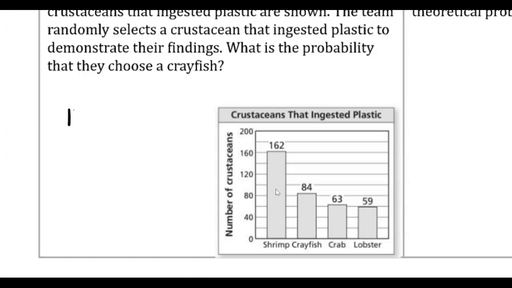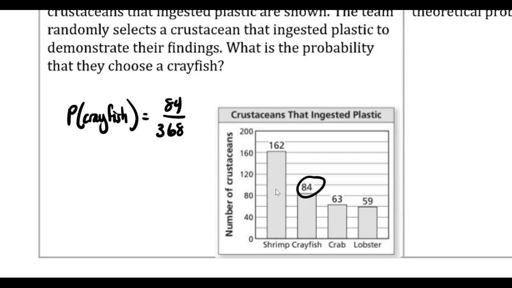Well, there are 84 crayfish right here. And if you needed to, you could add all of these up, but they did tell us that 368 animals ingested plastic, so we know it's out of 368.